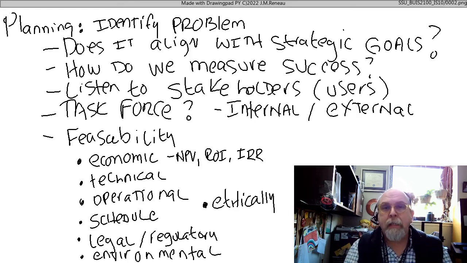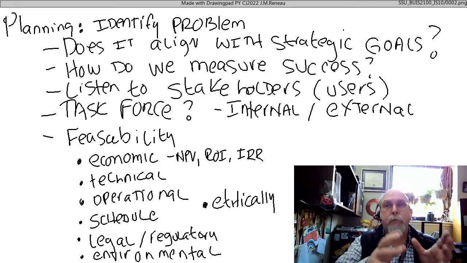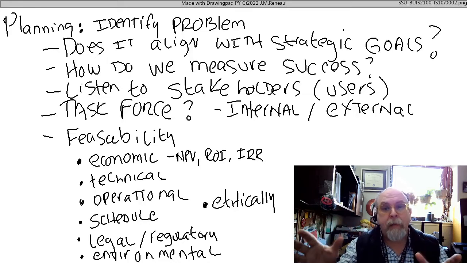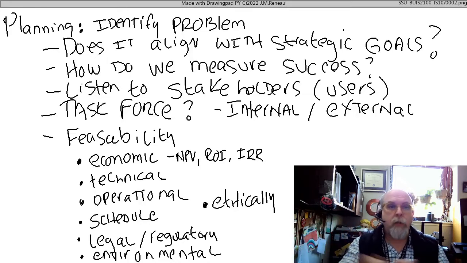We always need to take into account the present value of money. Money spent today is worth more than the same amount spent in 5 years. So we have to do all this economic justification and feasibility to decide whether we should do the solution or whether we should create the system.